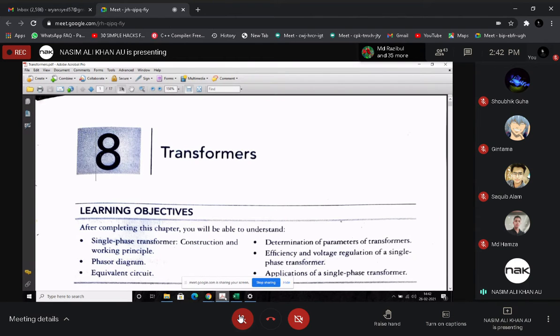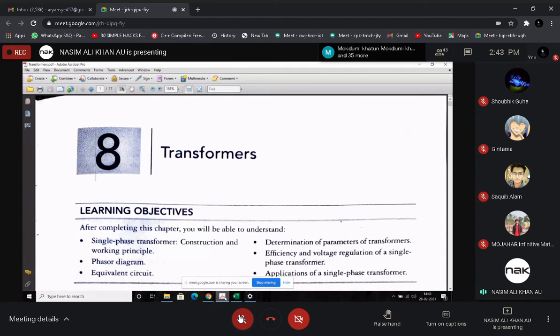It may be inductive load, capacitive load, or resistive load. Depending on that, there must be some logic to draw the phasor diagram. And the equivalent circuit is nothing but a circuit where we can represent the transformer in terms of resistance, inductance, and parameters. This is called the equivalent circuit.